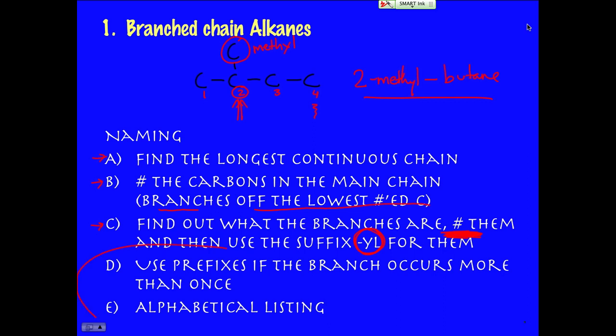I'm going to show you what this alphabetical and use the prefix if it occurs more than once in my next slide. But again, what I've basically done here is long chain, number them, prefix, and the suffix YL, and then just put it together. All right. So let me go ahead.